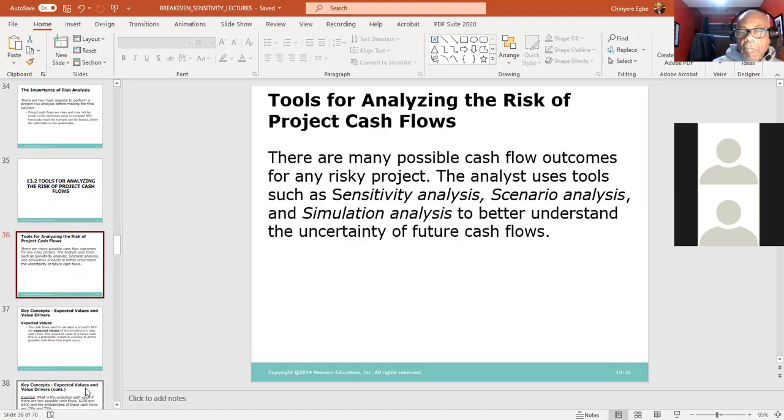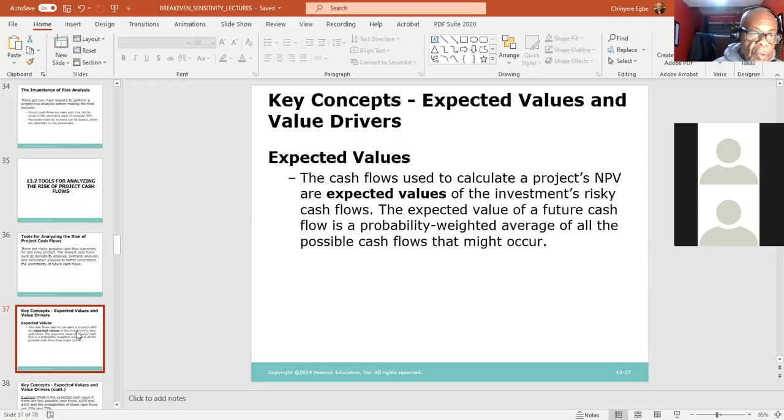Simulation is where you do numerous, you can say an infinite number of variations, which we don't have time to do now. Then you plot a continuous graph and see how you have your distributions.